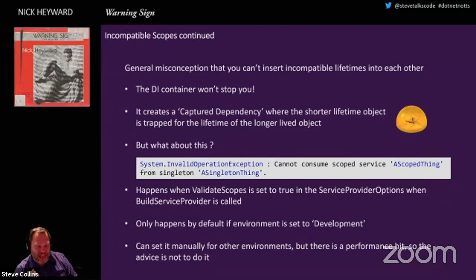What it does, if you put one of those short-lived lifetimes into a longer lifetime, so transient into scoped, scoped into singleton, is create what's known as a captured dependency. The diagram I've got to the left is the insect caught in amber. It's a bit like that in that when you put a short-lived dependency into a longer-lived one, it will hang around until the longer-lived one disappears.